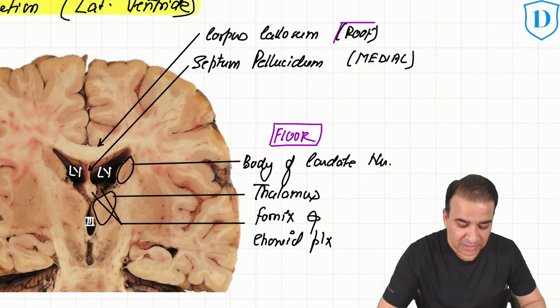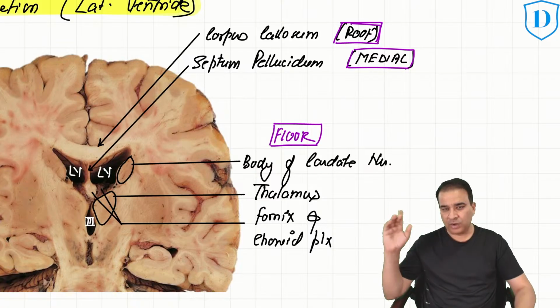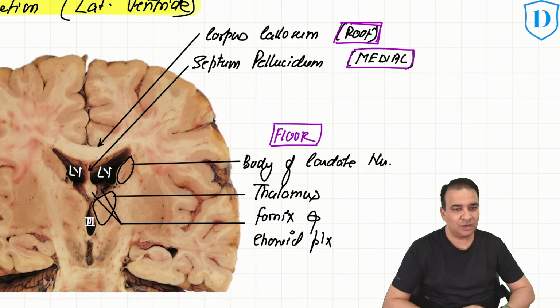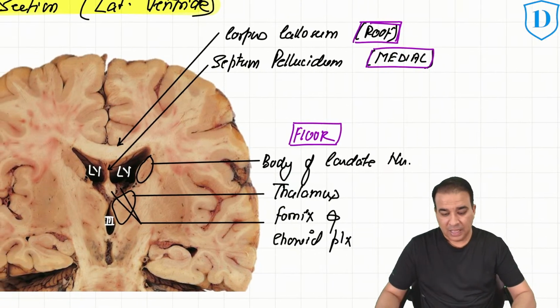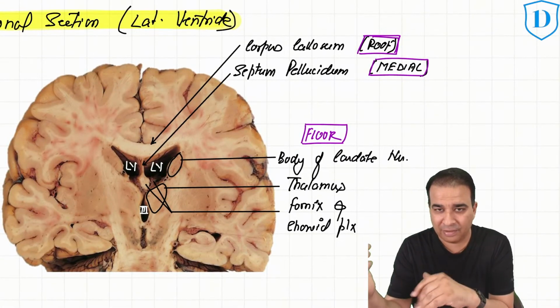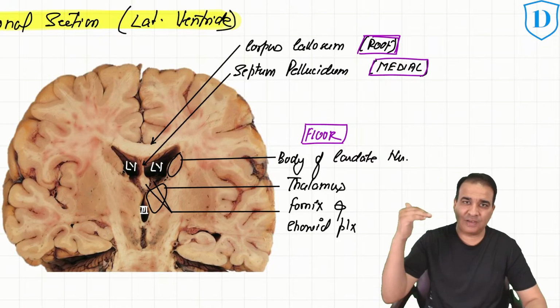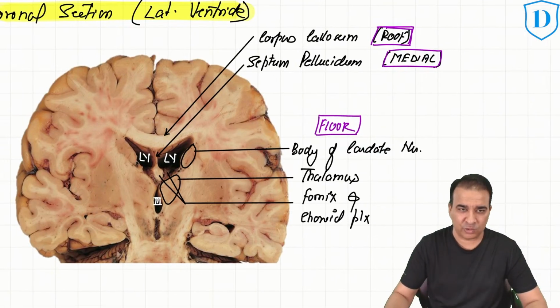Roof is just by the corpus callosum. Medial wall is just by the septum pellucidum, and floor is by the caudate nucleus, thalamus, fornix and choroid plexus area. Okay. So this was from the lateral ventricle point of view, what the roof of the lateral ventricle is, what the medial wall is, and what the floor is. There is no lateral wall, guys. We just have roof, medial wall, and floor; there is no lateral wall.